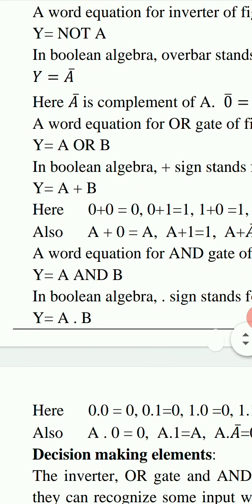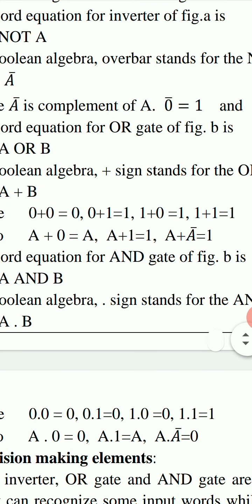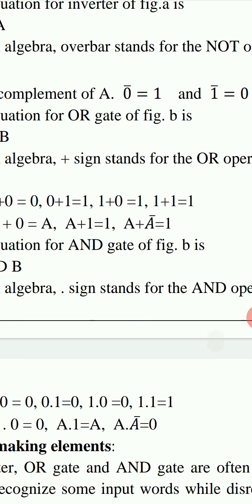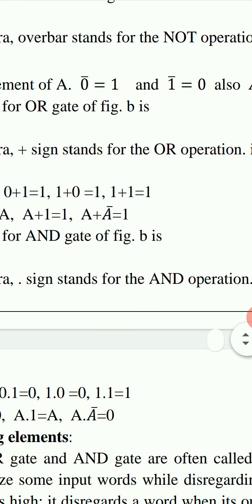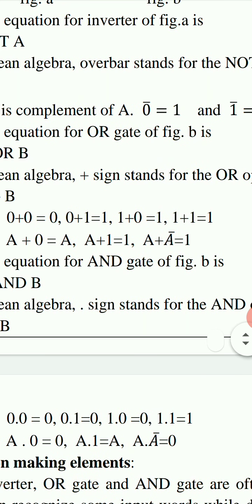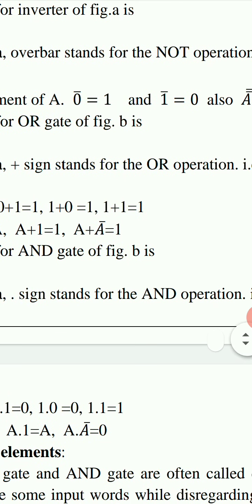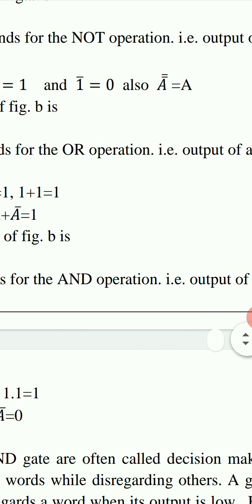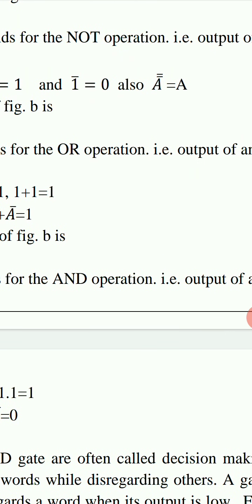Here A bar is complement of A. 0 bar equal to 1 and 1 bar equal to 0. Bar means its complement. Complement of 0 is 1 and complement of 1 is 0. Also, double bar A equals A. If there is twice bar, it will be the same.